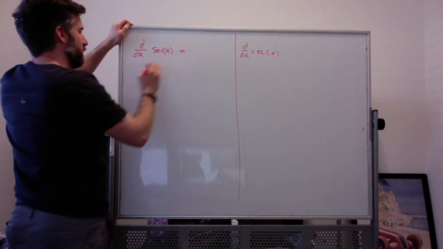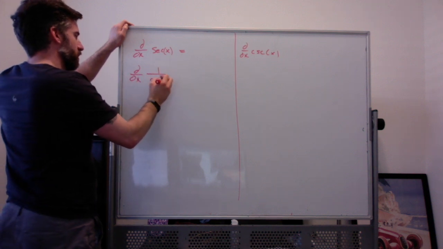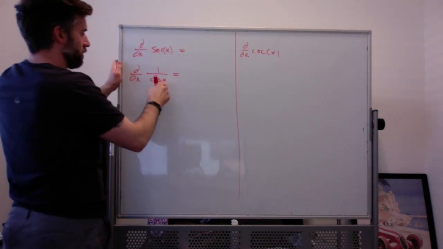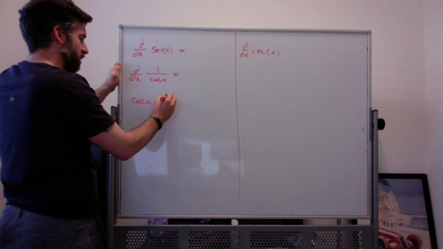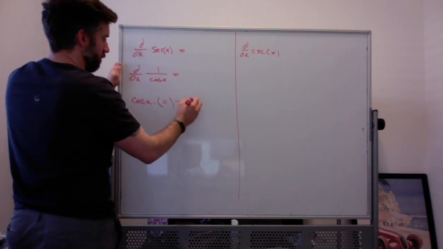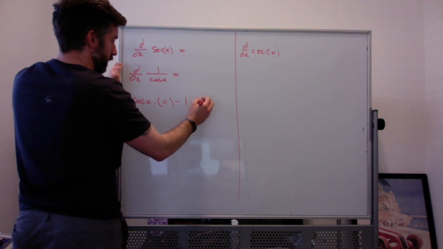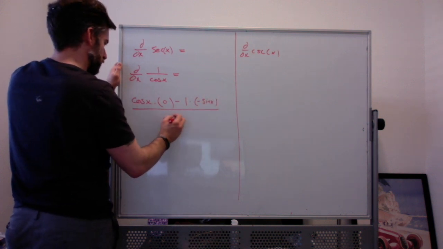So the derivative of secant is the derivative of 1 over cosine. Here we go. And the derivative of 1 over cosine, well, we're going to use the quotient rule again. It's the bottom times the derivative of the top. But the derivative of 1 is just 0, minus the top times the derivative of the bottom, which is negative sine of x, all over cosine squared x.